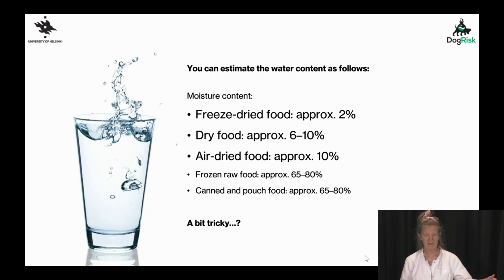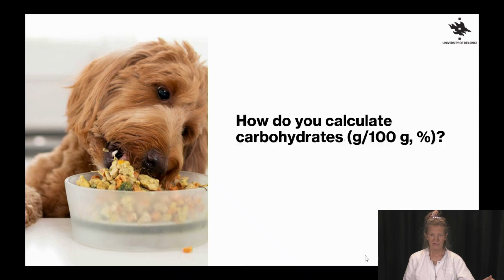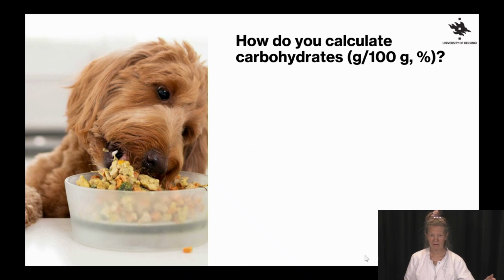And then the ones that you usually don't have to think about are the frozen or raw foods and canned and pouch foods, because by European law, when there is more than 14% of moisture, it has to be written down on the package. So it's actually these first ones, especially the kibble, that would be about 6% that you need to remember.